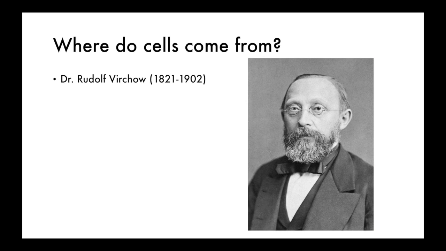Anyway, Dr. Virchow, very famous physician, very famous biologist, was one of the first people to come up with cell theory, the idea omnis cellula e cellula, meaning all cells come from other cells.